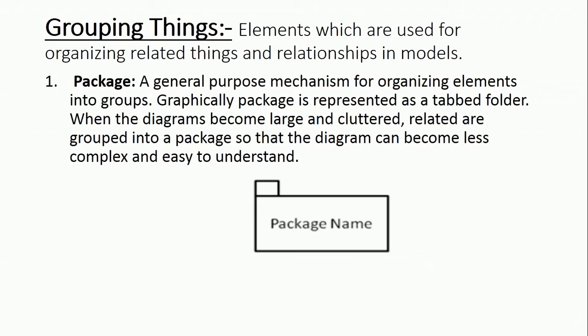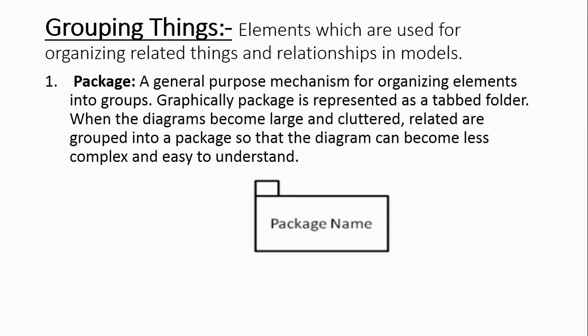Now grouping things. Grouping things are elements which are used for organizing related things and relationships in models. The first thing is package.